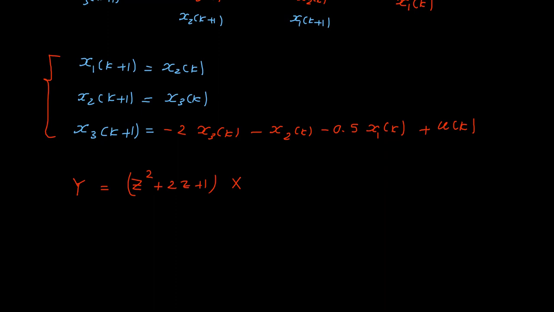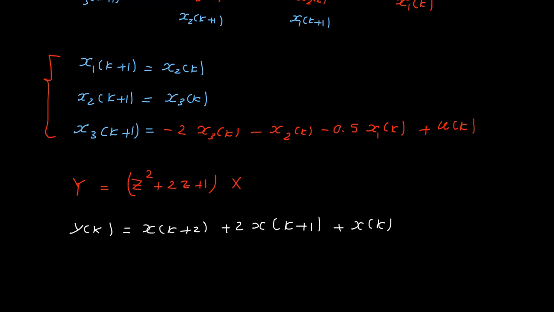Now using the shifting theorem, I will find the sequence y of k, which will equal, since this is z to the power 2, x of k plus 2, plus 2x of k plus 1, here I'm having z, plus x of k.